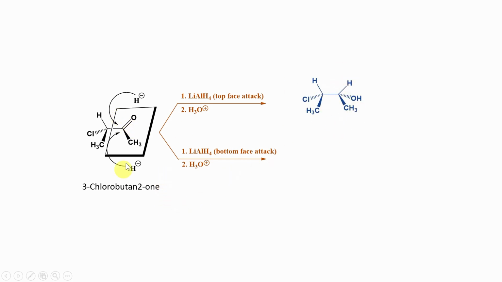And if the hydride addition takes place through the bottom face, then 3-chlorobutan-2-one gives this secondary alcohol. See, these two secondary alcohols are diastereomers, and hence we can say 3-chlorobutan-2-one has diastereotopic faces.